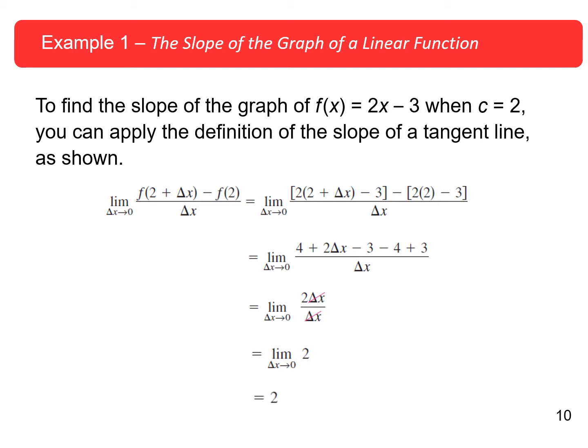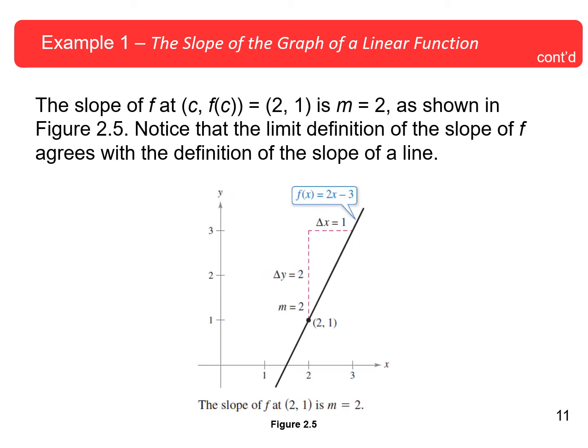So therefore, the slope of the tangent line at x equals 2, or at c equals 2, is also equal to 2. Now notice that the limit definition of the slope of the function agrees with the definition of the slope of the line. As you've noticed, the function given is just an equation of a line which has a slope of 2.